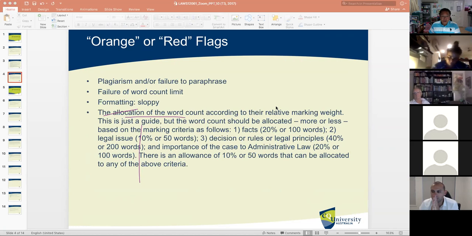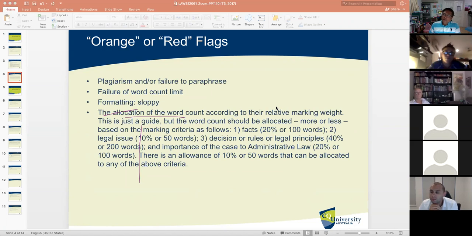And if it's overly long, you could actually ignore reading the rest of the case note beyond 600 words. We are not compelled to read a 1,000 word case note because the instructions are clear. The range of the word count is only between 500 to 600 words. So if it's overly long, that case note has to be marked down.